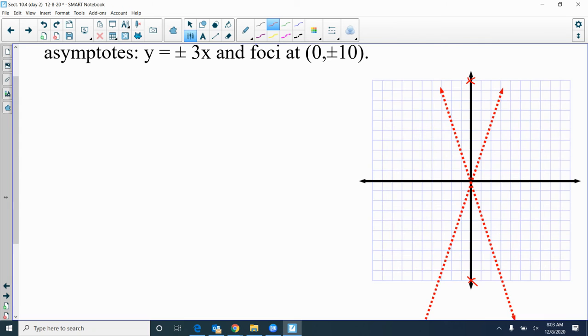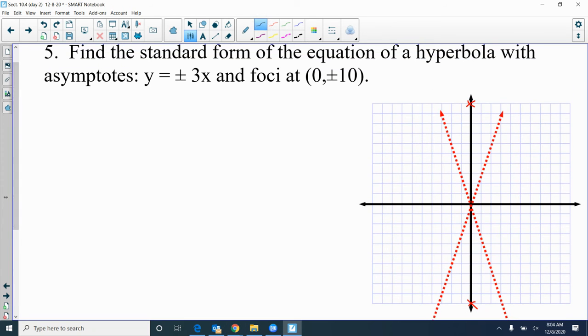And so it's going to be the form y squared over a squared minus x squared over b squared equals 1. So according to this, the slope should be a over b, correct? Well, here's what you've got to watch. You can't assume that a is 3 and b is 1.